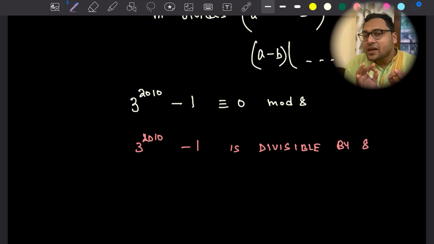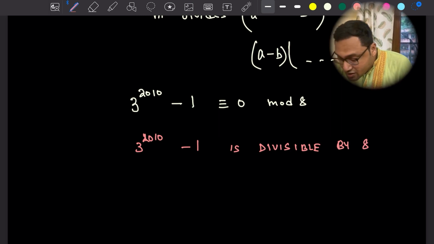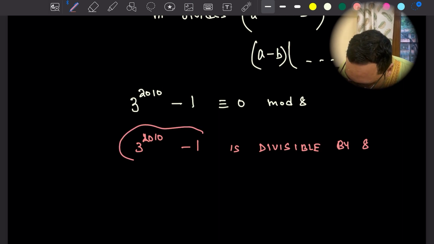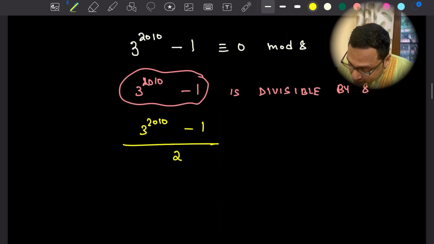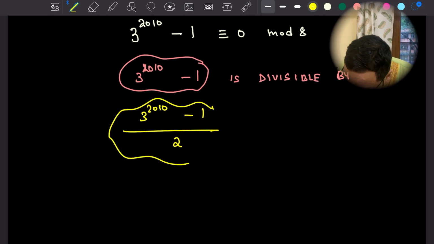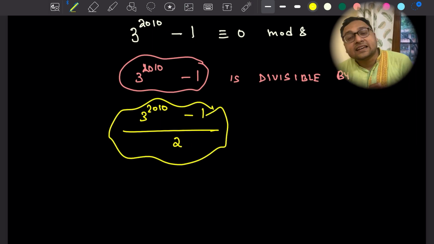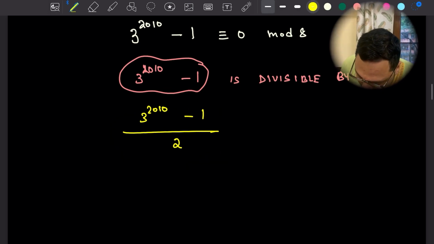Now there is something tricky going on here. You really don't want this. You want 3 to the power 2010 minus 1 divided by 2. You want to know what happens to this quantity when you divide it by 8. So whatever remainder this quantity gives, let's say that's x.